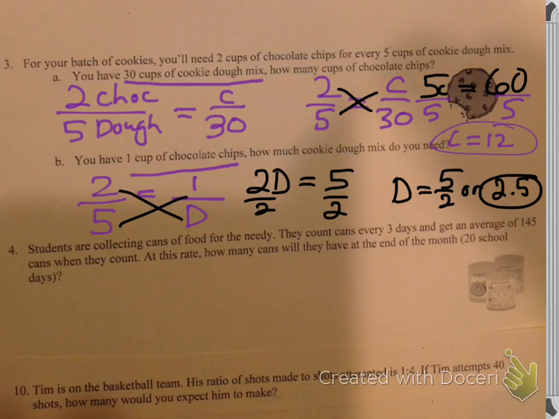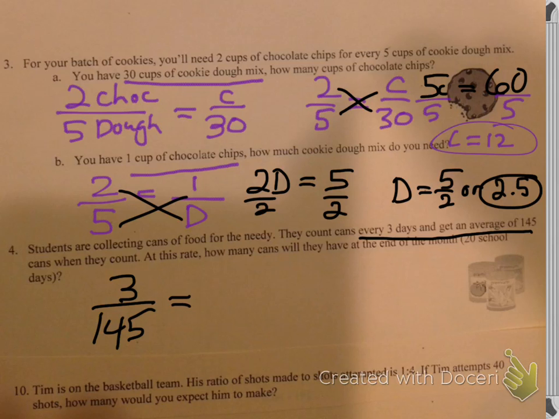Okay, number 4. They count cans every 3 days and get an average of 145 cans when they count. At this rate, how many cans will they have at the end of the month, 20 days?